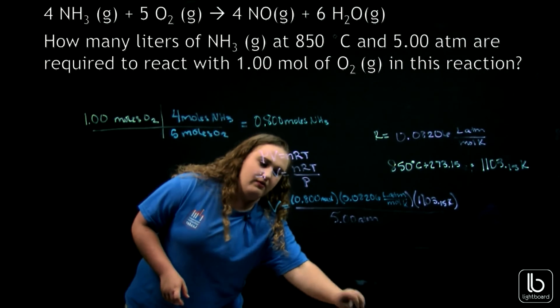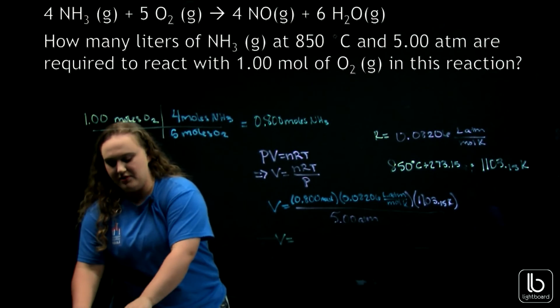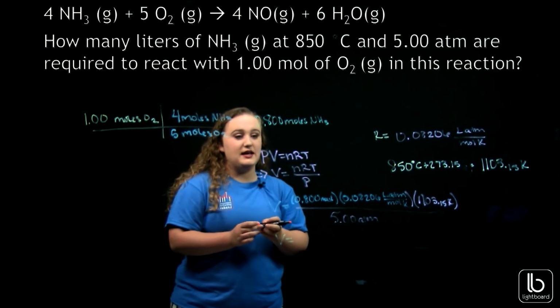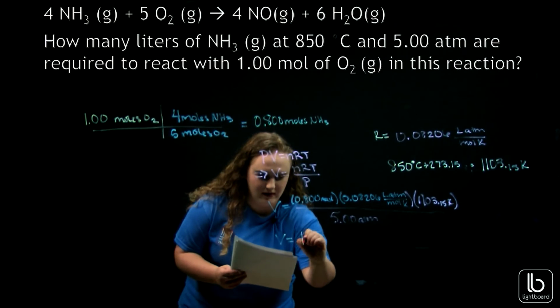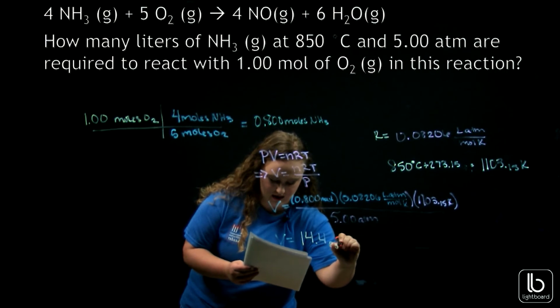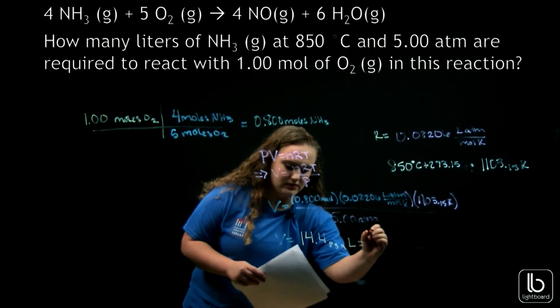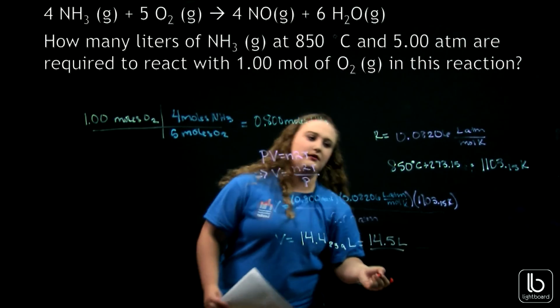So now we're going to plug all of that into the calculator. Again, remember your significant figure rules. In this case, we're going to have 3 significant figures. So our final answer is 14.4839 liters. So we're going to get 14.5 liters needed.